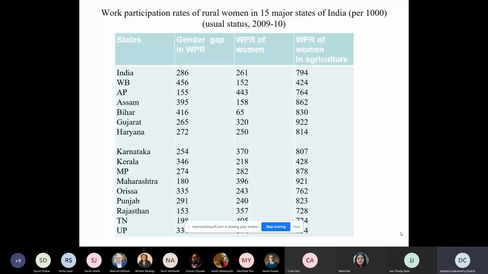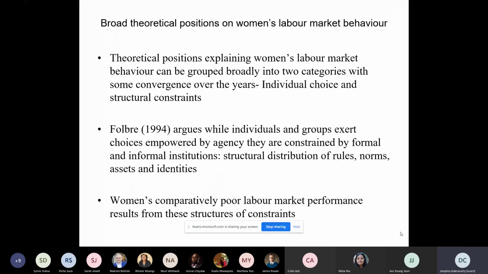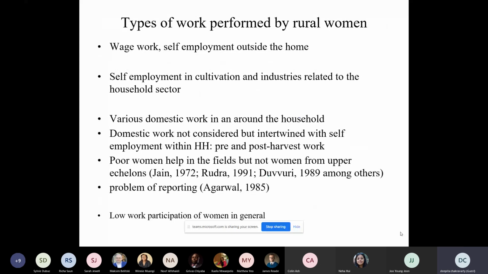So before entering into the exact question, I would like to take you through some very known facts about rural women's work participation behavior in India, and in fact in South Asia, and all traditional societies in general.